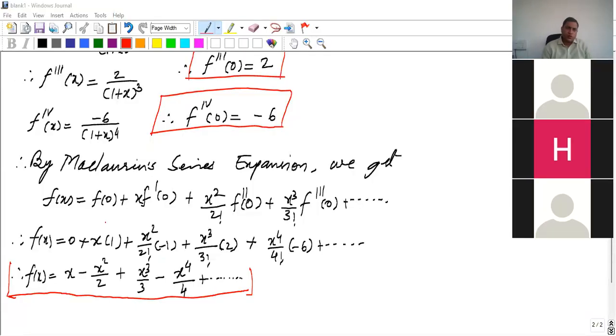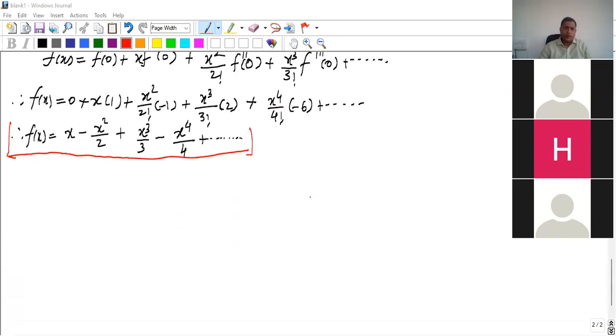If we have a given function, then we try to find the value of the function and its derivatives at origin. This is the basic idea of the Maclaurin's series expansion. Now let us try some more examples. Let us see some other example.